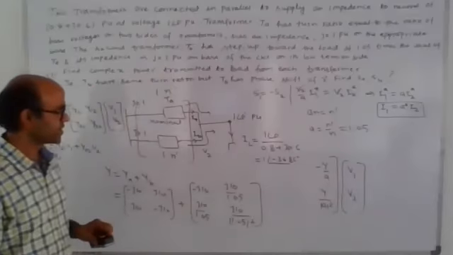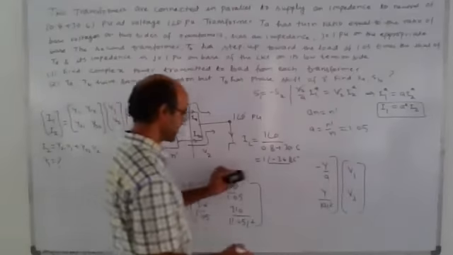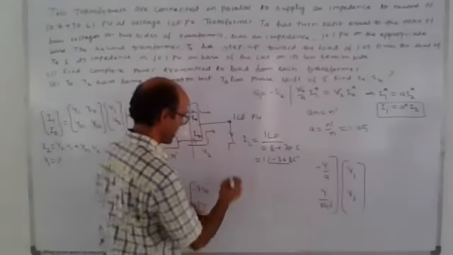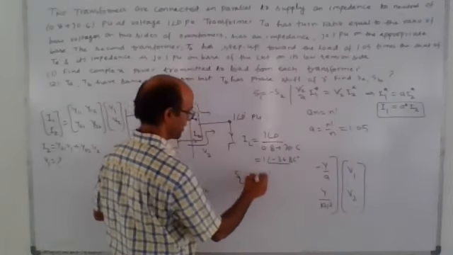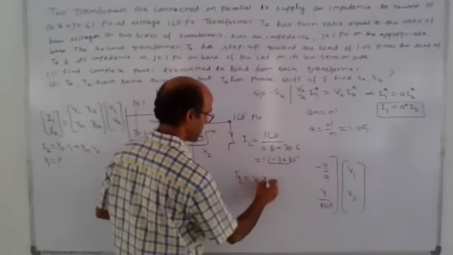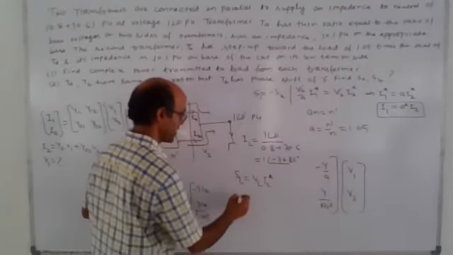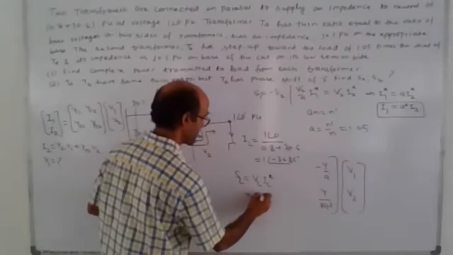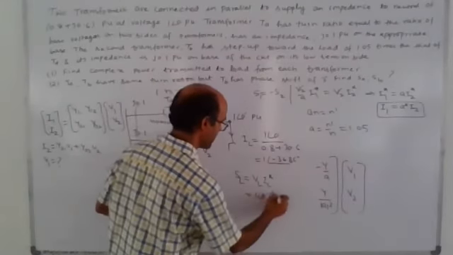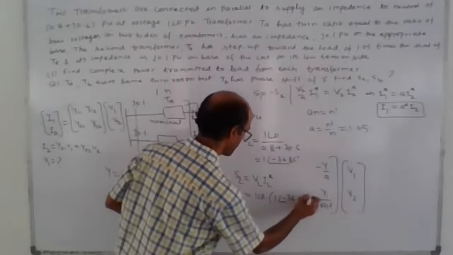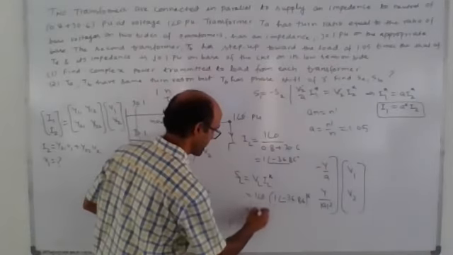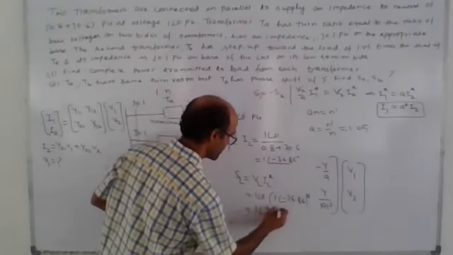This is the current. Now what is the power? SM equal to the voltage of this terminal into IL conjugate. So VL is 1 angle 0 and this is 1 angle minus 36.86. It's a conjugate. This will come 1 angle 36.86.